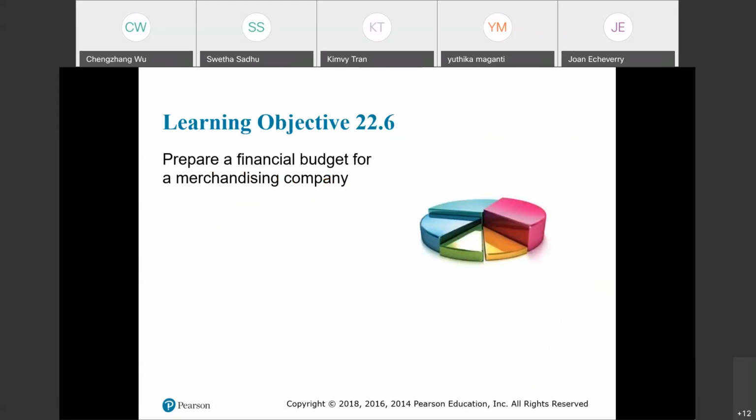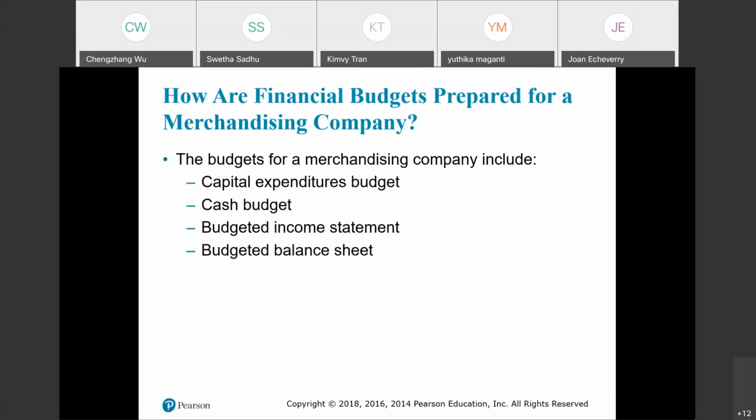Next part, the preparation of financial budgets for a merchandising company. Same thing, 4 parts of financial budgets in merchandising company.